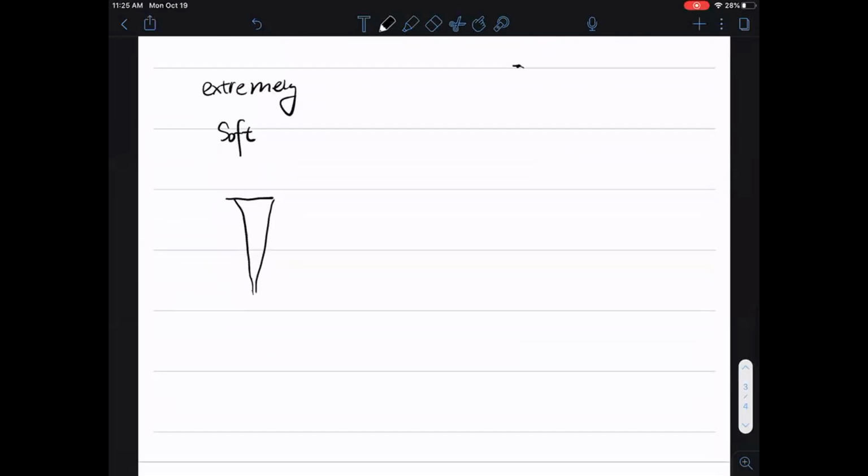If you have an extremely soft material, the fracture surface is going to become a point. So that material will experience a large plastic deformation before it fractures.